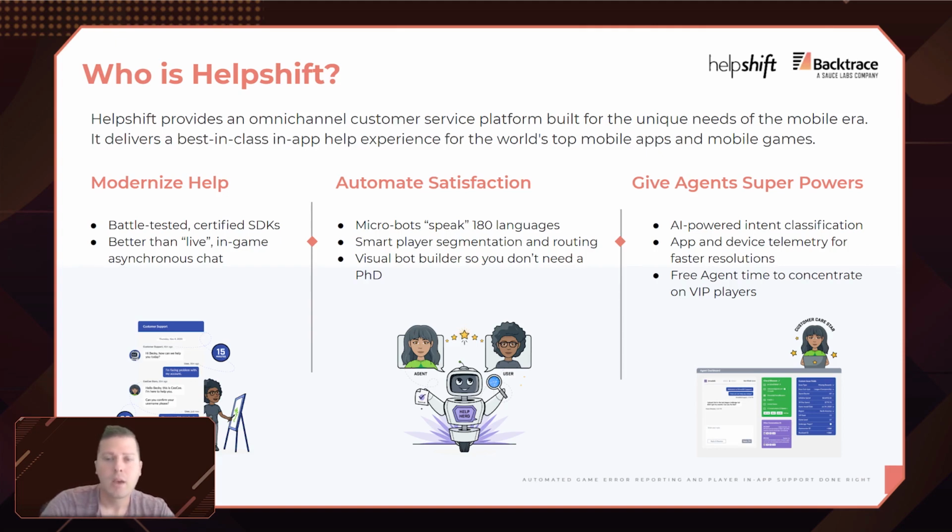And finally, we give these agents superpowers. So we have AI and intent classification tools internally to make sure that when a user comes in and types in a specific question, no matter how they ask it, we provide them the right answer. So for a user that forgot their password, if they come in and say, "What's my password?" or "I can't log in," or "How do I do this?" we can make sure that we route them to the appropriate workflows that allow them to efficiently and effectively get their job done.